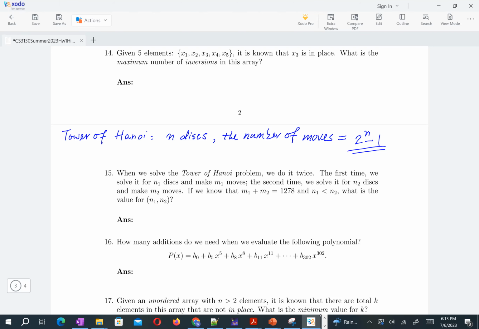Okay. For example, we did n equals 3 case, right? Remember, we need 7 moves.